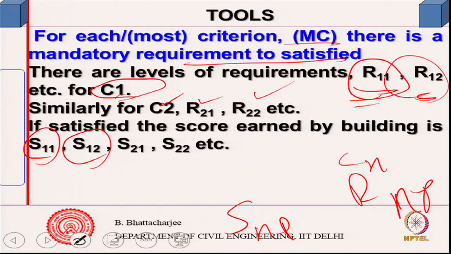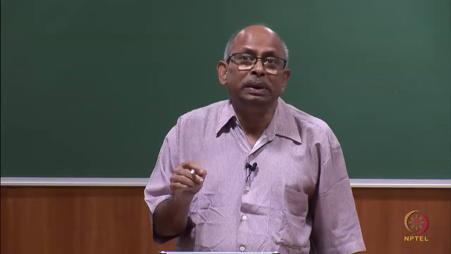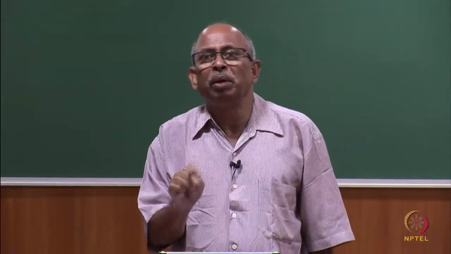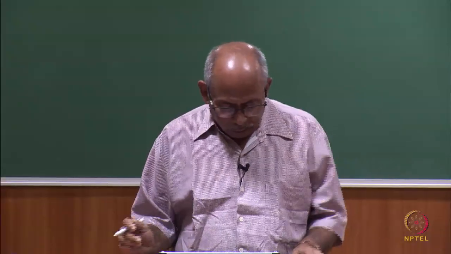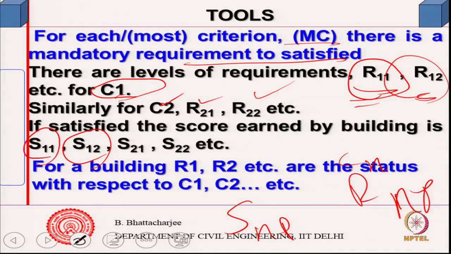So, for criterion 1, if it satisfies R1j, let us say, then the score will be S1j. Scores are specified corresponding to each requirement. For a given building, the status is R1, R2, etc., with respect to criteria C1, C2, etc. R1 should satisfy one of R11, R12, R13, etc., and correspondingly it will get those score values.